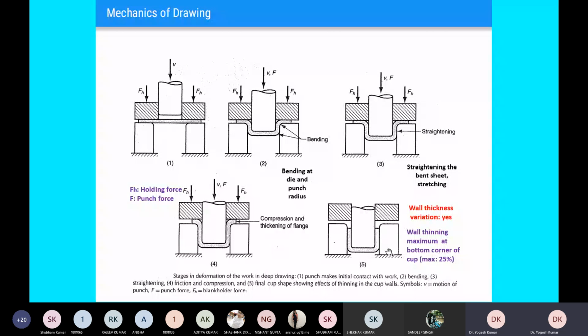At this bottom surface the thinning will be higher, and this may be up to 25%. So this is how your deep drawing process works, and obviously uniform thickness is not achieved in the case of deep drawing.